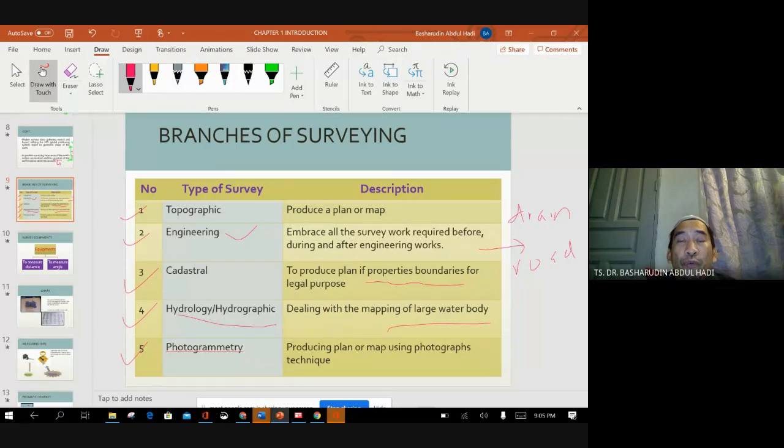We have pros and cons about photogrammetry and drone technology. The main purpose of this type of survey is to get the data in a very short time, but the pricing is very high using photogrammetry or drones.